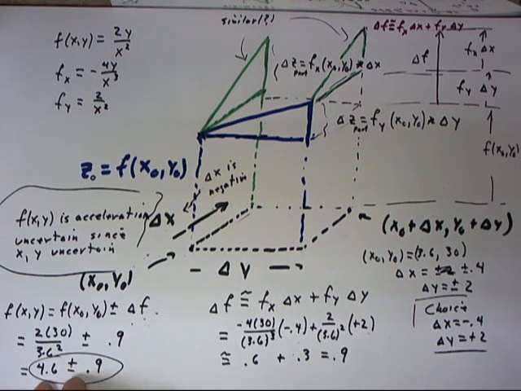So we have 4.6 plus or minus 0.9, telling us that we expect an acceleration of 4.6, but with an uncertainty of 0.9. Our actual acceleration could be then as great as 4.6 plus 0.9, which is 5.5, or as low as 4.6 minus 0.9, which would be 3.7.